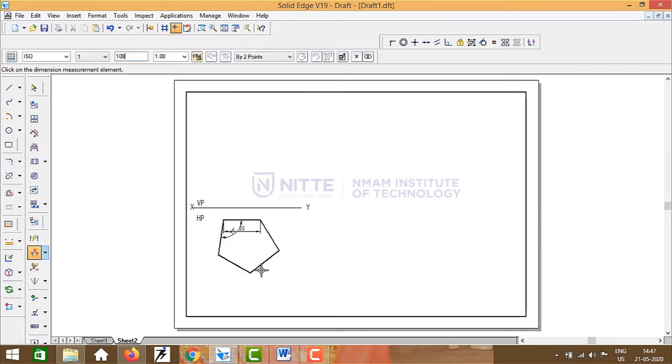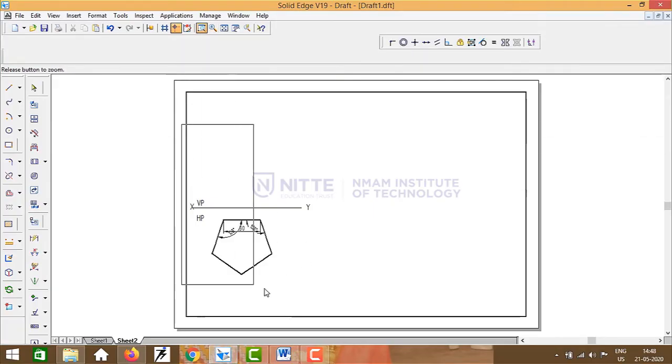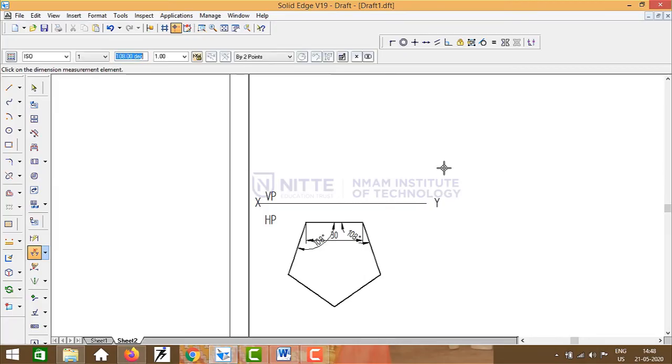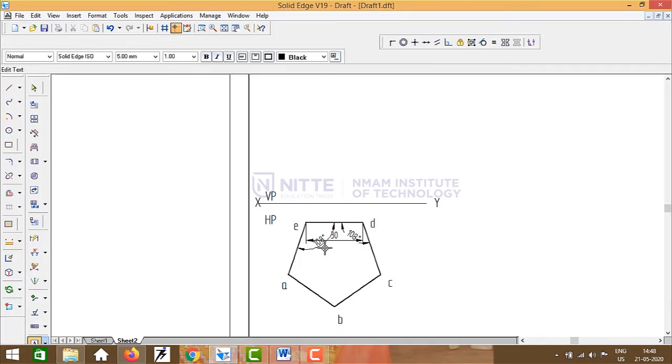So inside angle 108 degree. Next, we'll name it. We'll start naming from the leftmost point here. Point A, B, C, D, E.